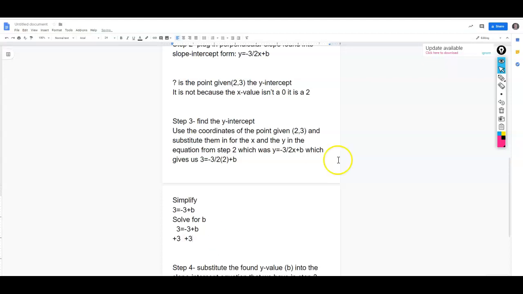Okay, and that reduces down: 3 plus 3 simplifies to 6, and that's equal to -3 plus 3, which reduces down to 0 plus b, and 0 plus b is just b.